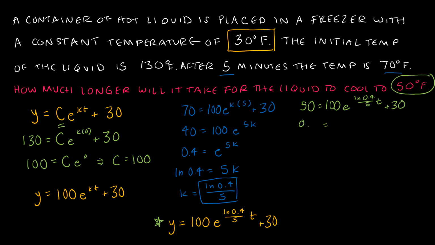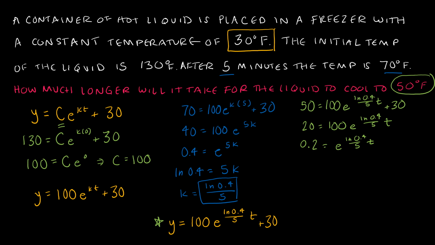Oh, just kidding, don't do that yet. Subtract 30 from each side first, so I get 20 equals 100e to the (natural log of 0.4 divided by 5)t. And now I can divide by 100, which gives me 0.2 equals e to the (natural log of 0.4 divided by 5)t.